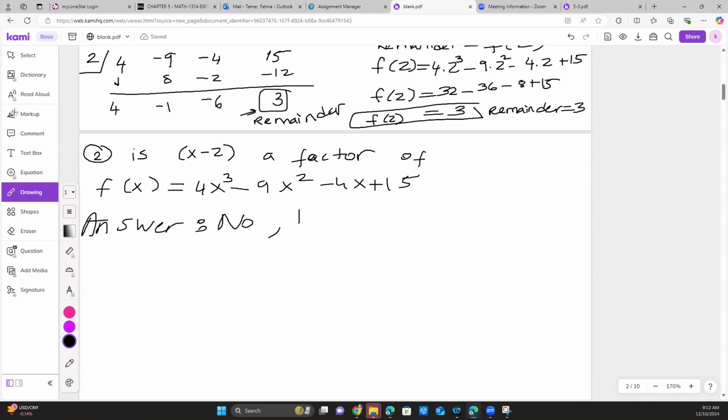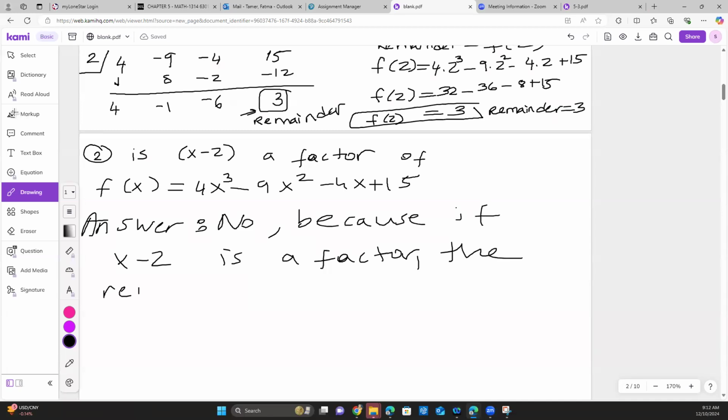No, because if x minus 2 is a factor, the remainder must be 0 by the factor theorem.